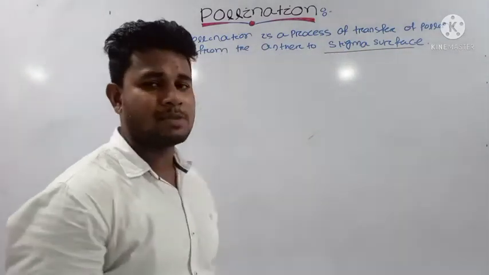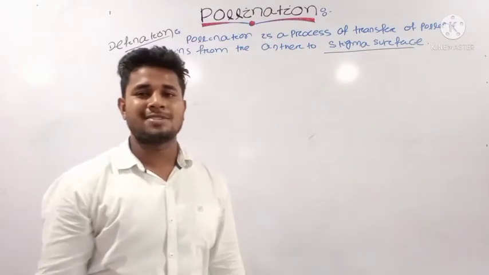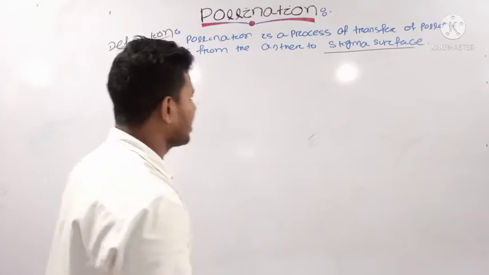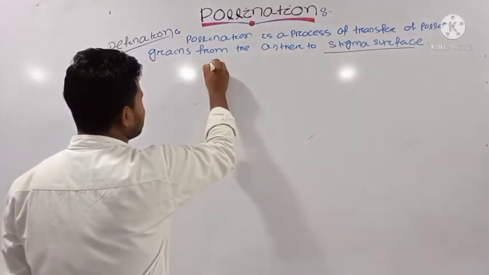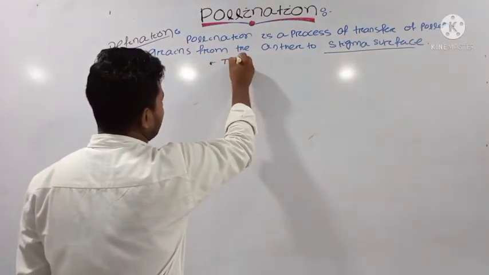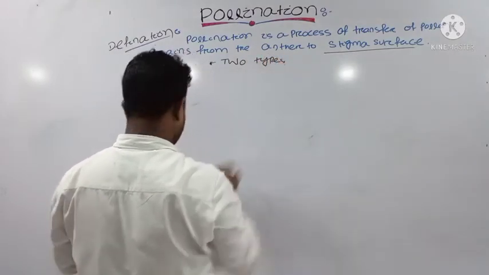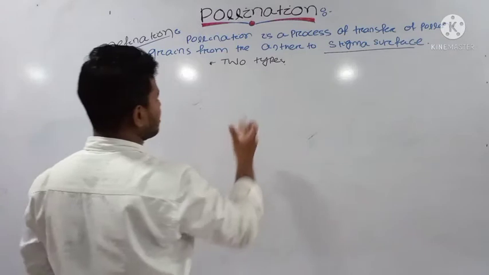Basically, two types of pollination are present in angiospermic plants: self pollination and cross pollination. Let us define them.